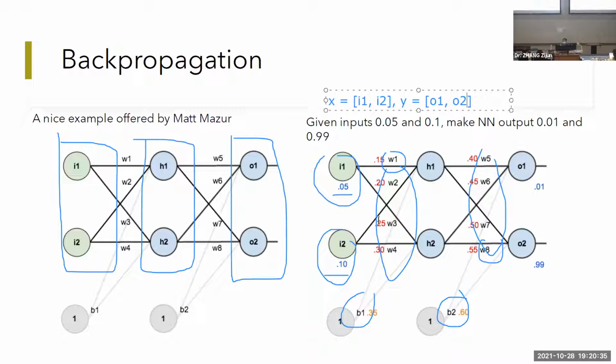Okay, so this is x and this is y. So they are both observed. We observe x and we observe y.